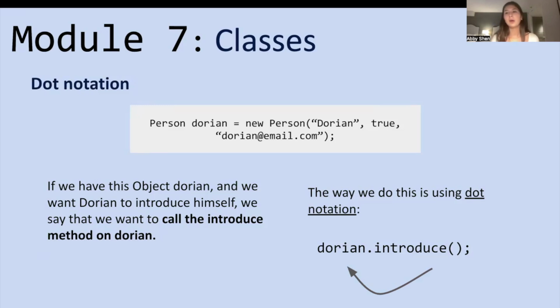So that method is applying specifically to the object that is before the dot. We might have a bunch of other methods that we can similarly call using dot notation. For the person class, we might want a get first name method. So Dorian.getFirstName would be calling getFirstName specifically on the Dorian object.